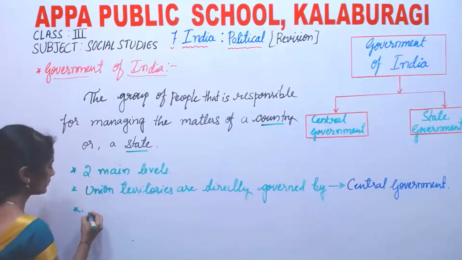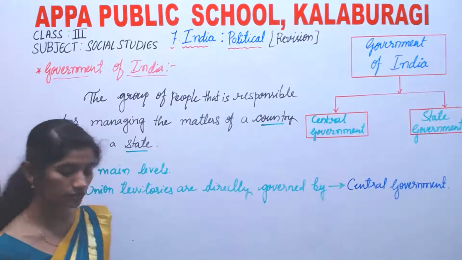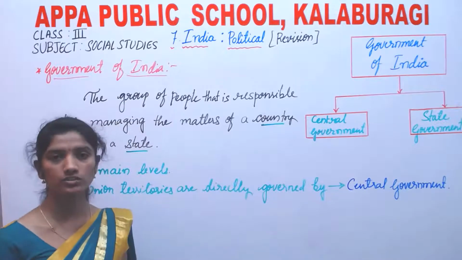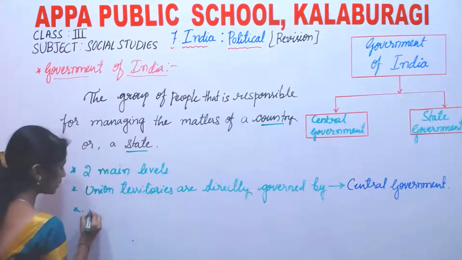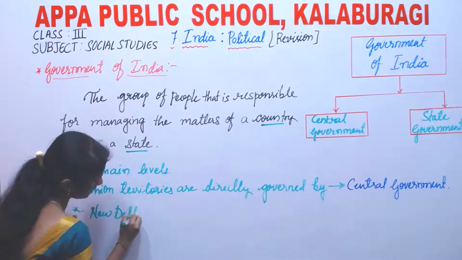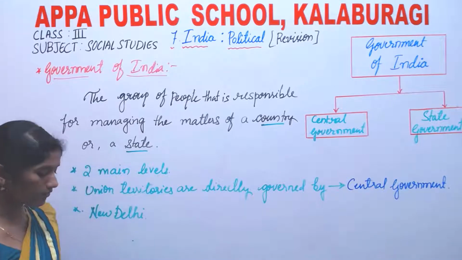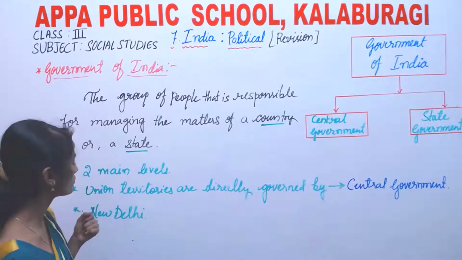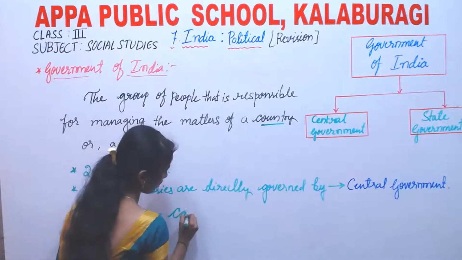Now, next. All the important government houses are located in New Delhi, since it is the capital of India.